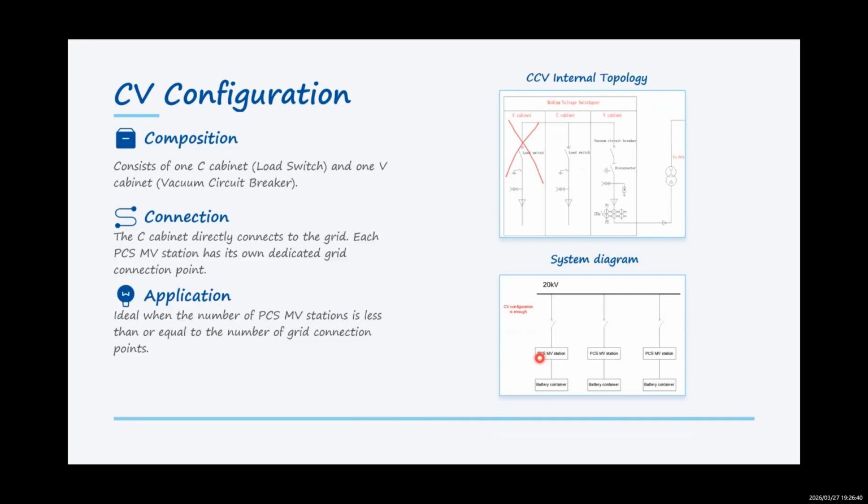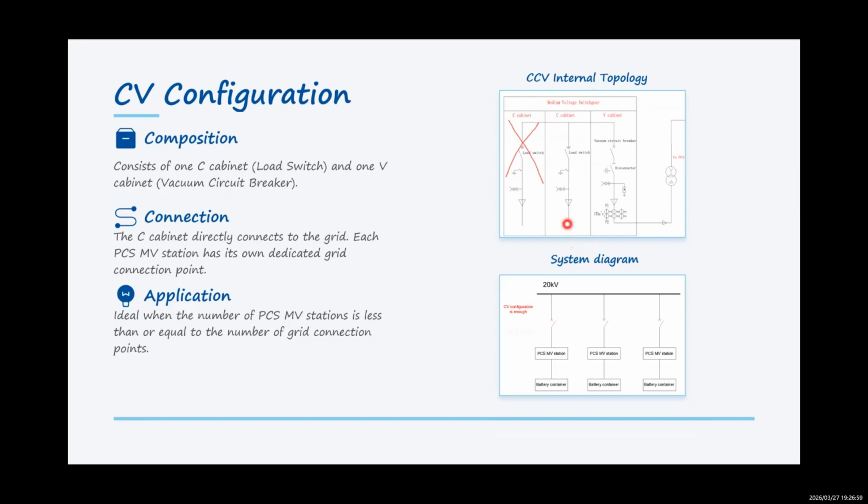Regarding the CV, you can see in the diagram there is only one C cabinet and one V cabinet. So CCV removes one C cabinet, and that's CV. The C cabinet will connect directly to the grid.